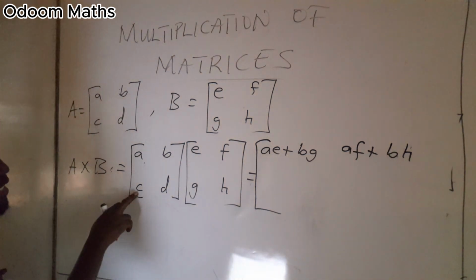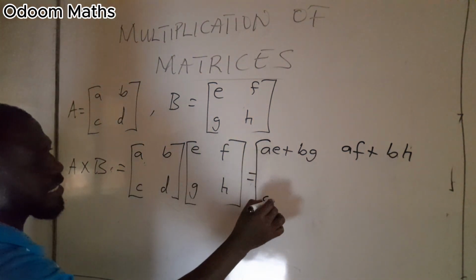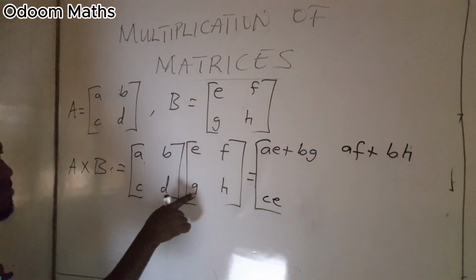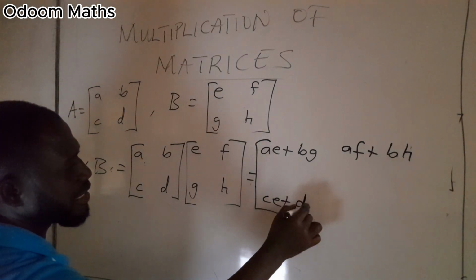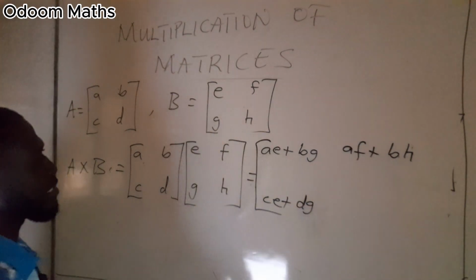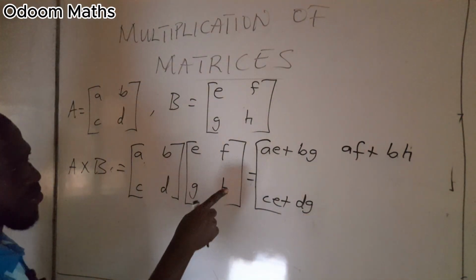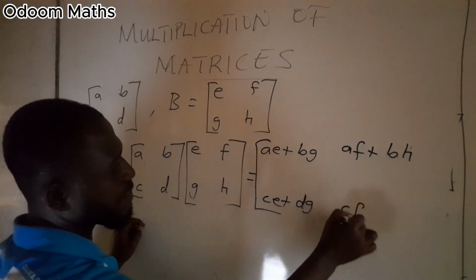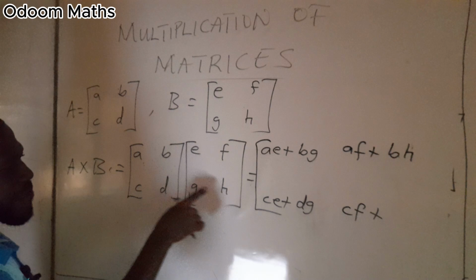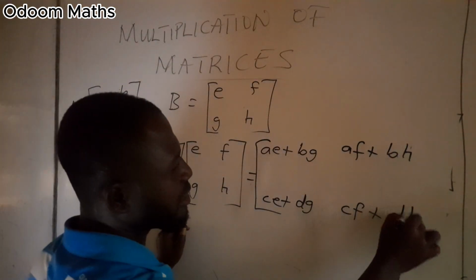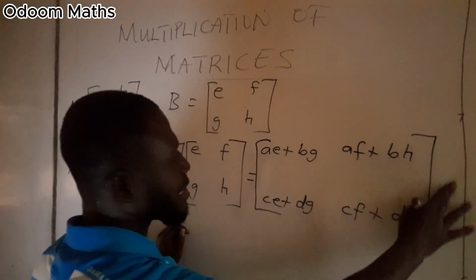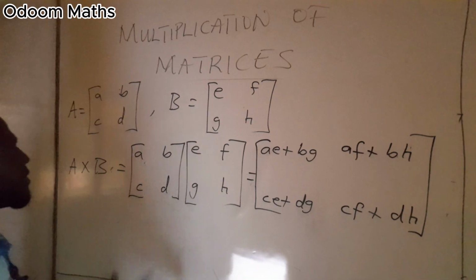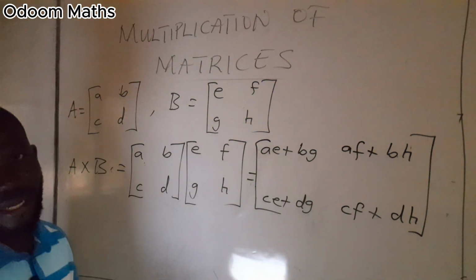Then C times E, CE, plus D times G, which is DG. Then for the second column, C times F is CF plus D times H, that is DH. So when we multiply these two matrices, that is our answer.